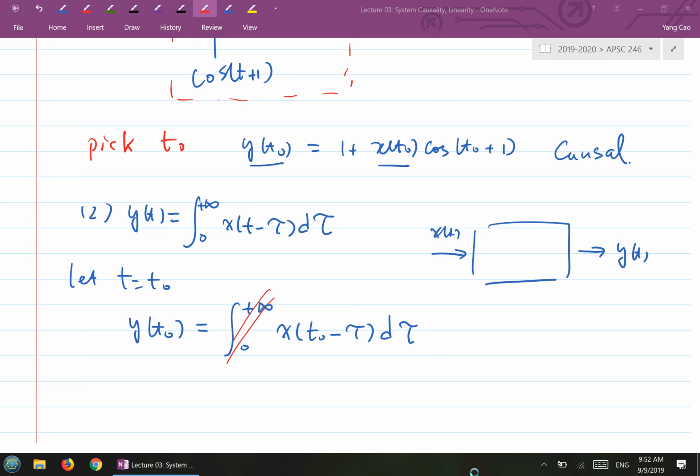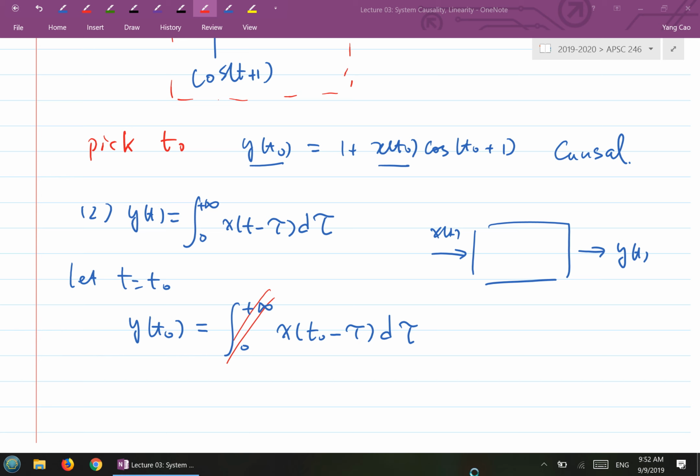In other words, you have t naught minus an always positive number. Is it causal or non-causal? It's causal.